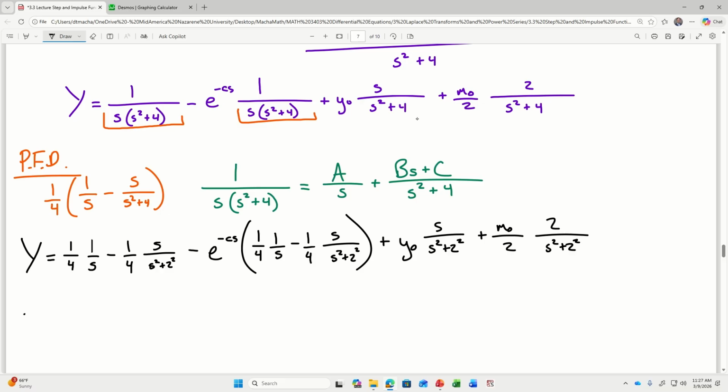Now, let's take the inverse Laplace transforms and we'll get our time domain solution. One-fourth times 1 over s, and the inverse Laplace transform is 1/4. The part that says s divided by s squared plus 2 squared, that's going to be cosine of 2t.